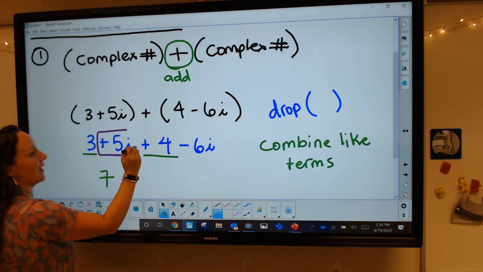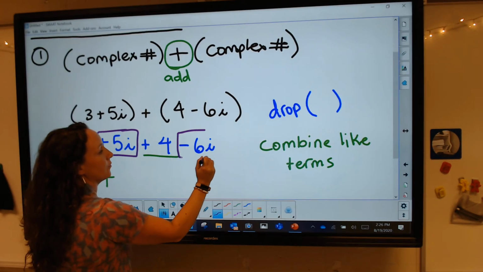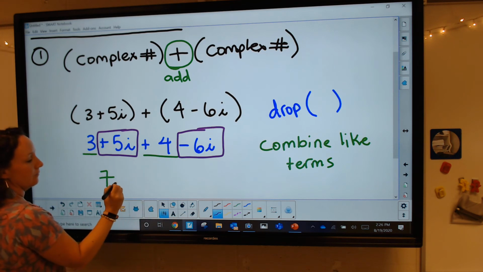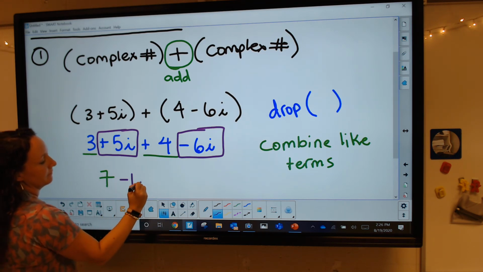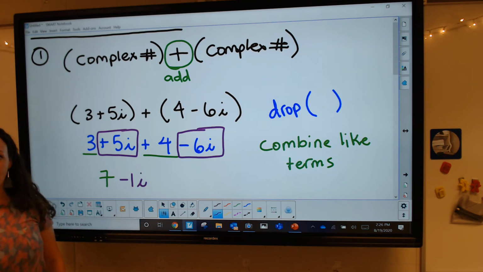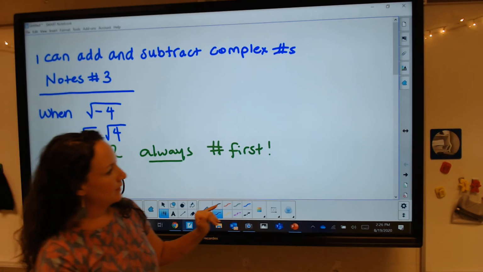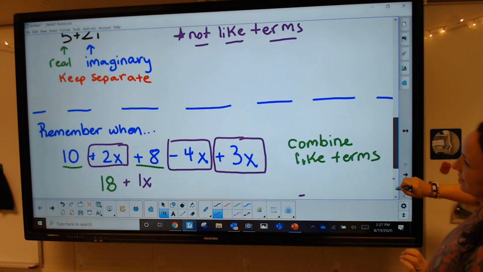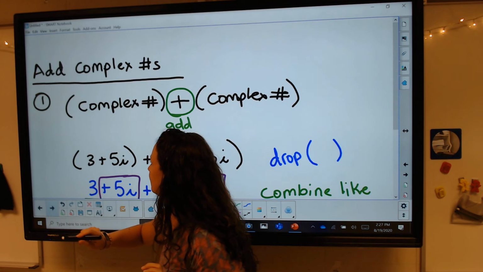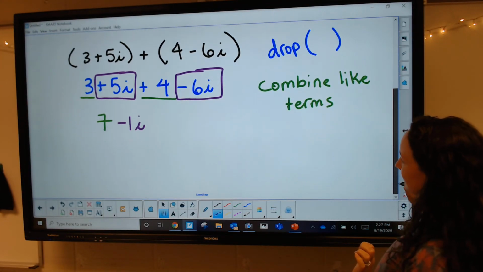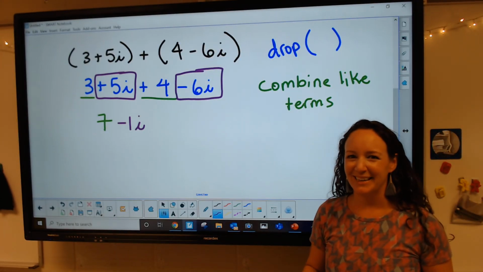I've got 5i take away 6i would be negative 1i, or just minus i. And that would be your final answer.